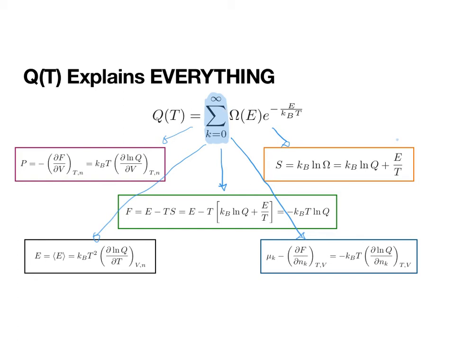All of these terms, pressure, entropy, Helmholtz energy, chemical potential, these are all macroscopic properties. And we can see that every one of them has a Q in that final answer. And so that means that starting with that partition function, if we can do the math, we can come out with every macroscopic property.